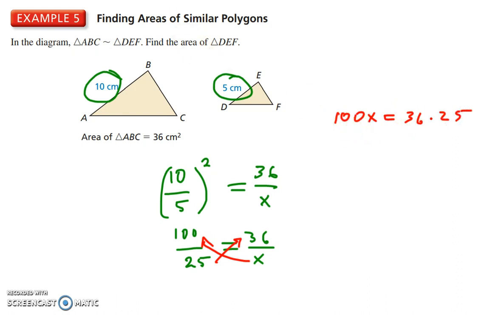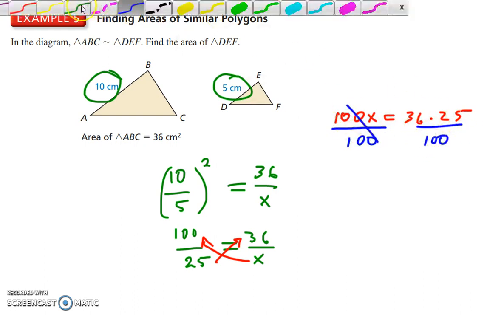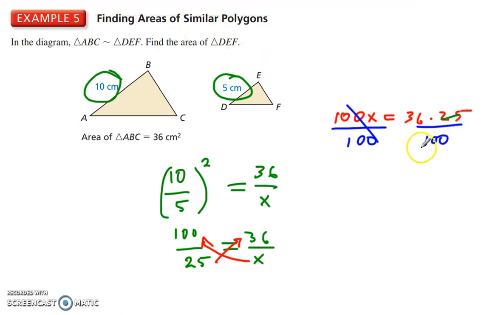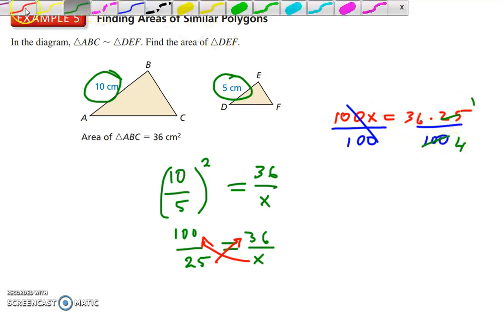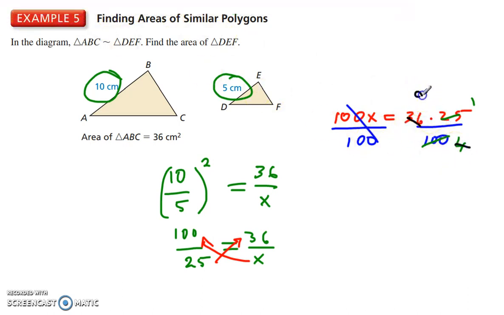And now we're going to divide by 100. I'm going to simplify a little bit. 25 goes into 100 4 times. And 4 goes into 36 9 times, so x is equal to 9.